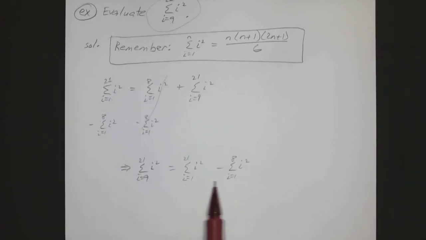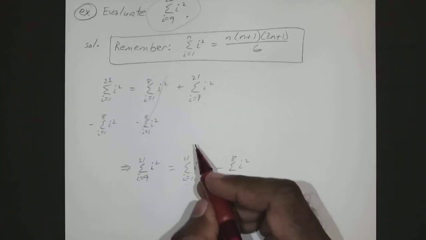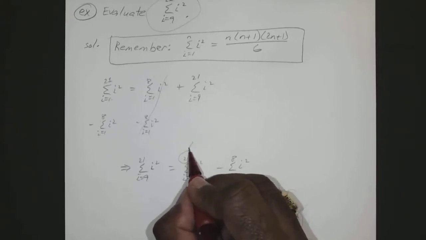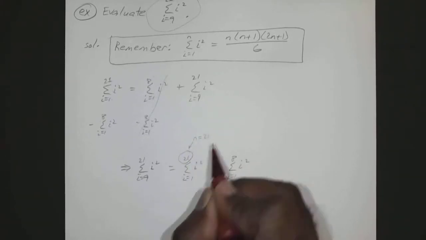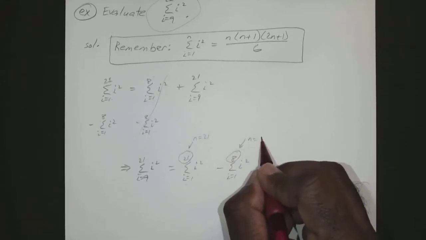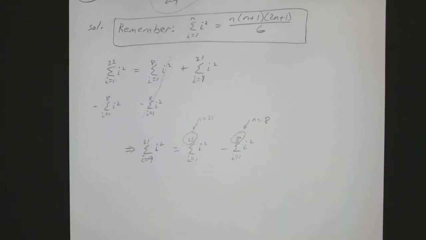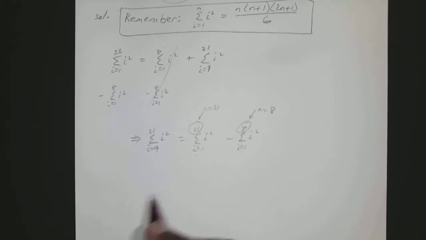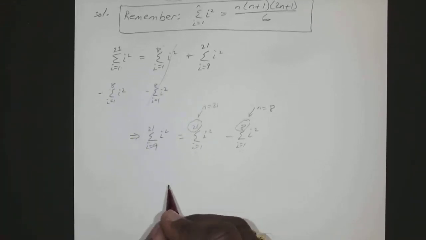So they're both starting at 1, which means we can use the formula, where on this one your n is equal to 21, and for this term, your n is equal to 8.